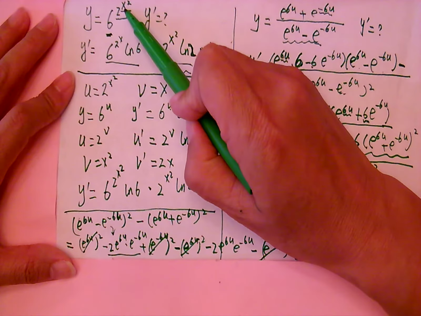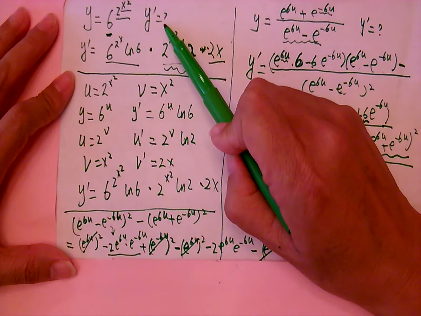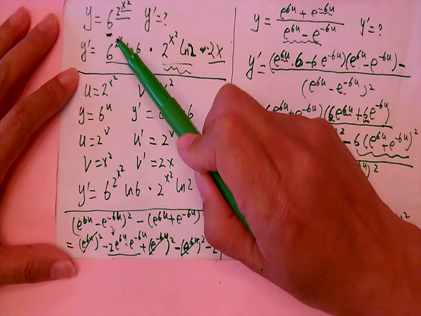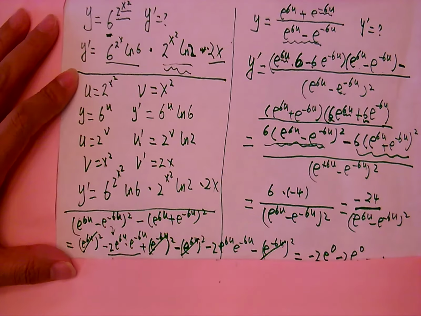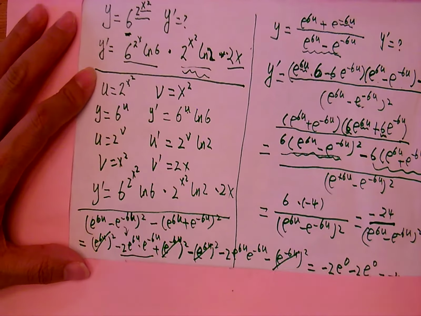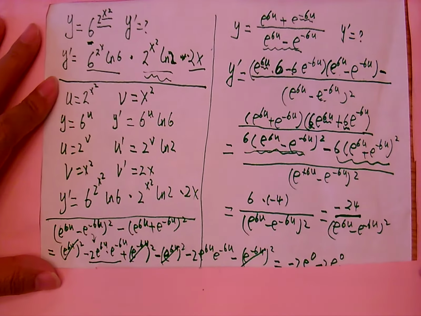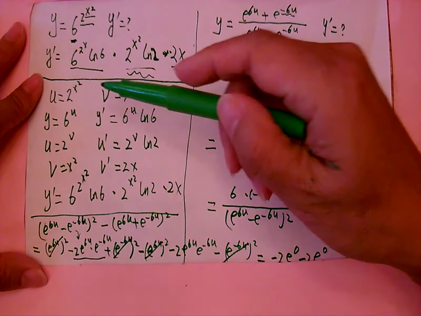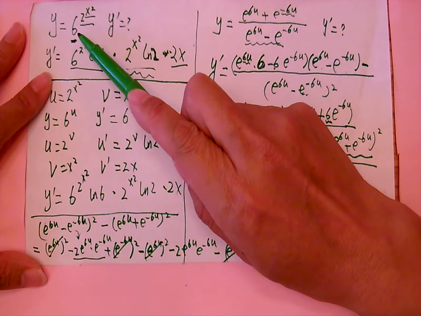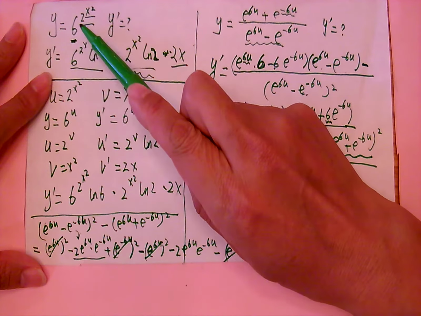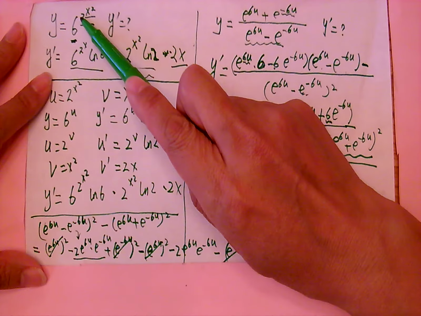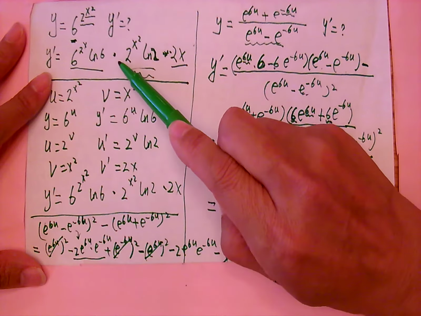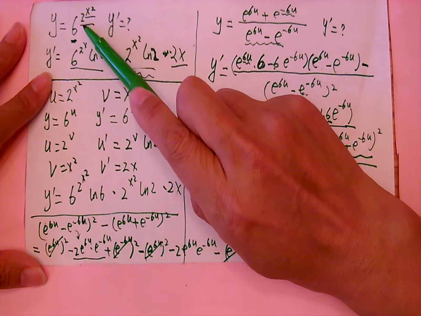The first way I do it is reading the function to find the derivative. So y derivative, with respect to 6. This is an exponent, so about 6, 2 to the x squared, ln 6, times then 2 to the x squared, 2 x squared ln 2.